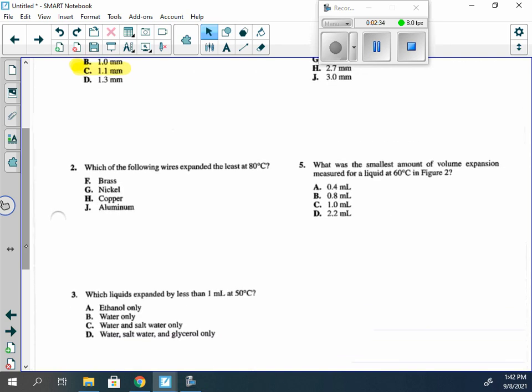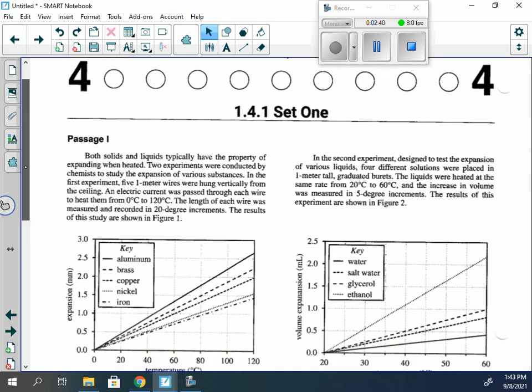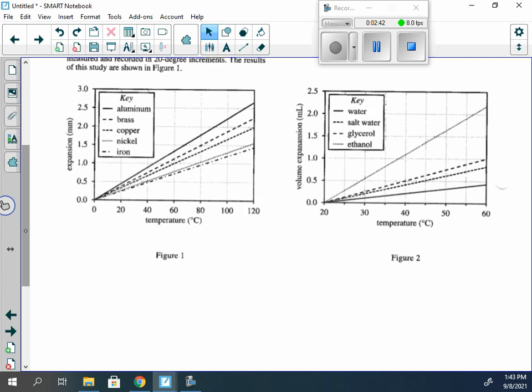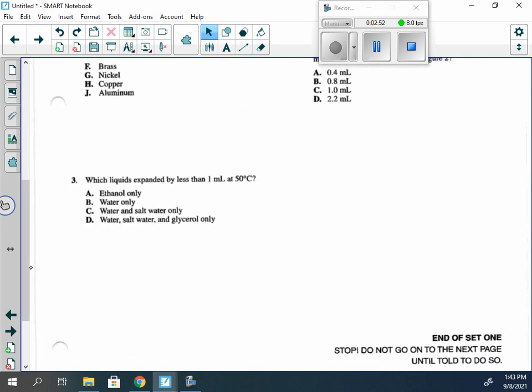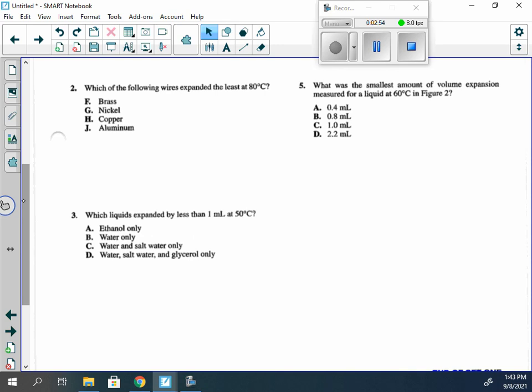Which of the following wires expanded the least at 80 degrees Celsius? Oh, well, let's go back to this here, because the first chart was the one that was dealing with expansion. 80 degrees Celsius. Let's go up. Iron. Okay, so it's not iron.